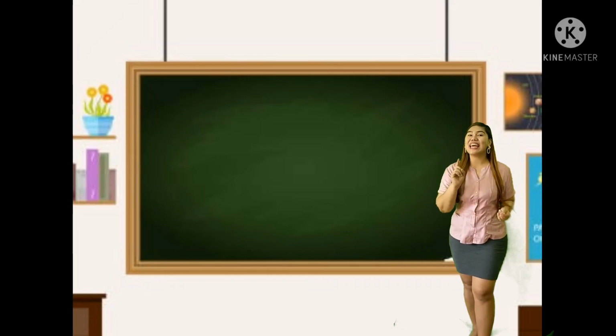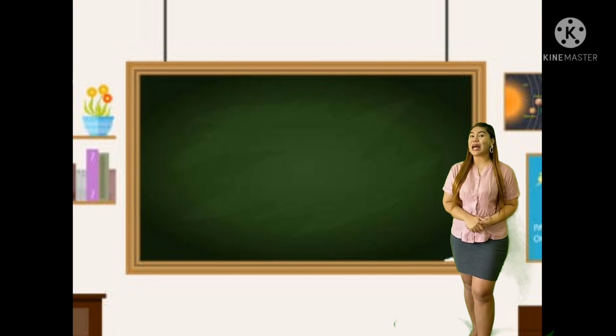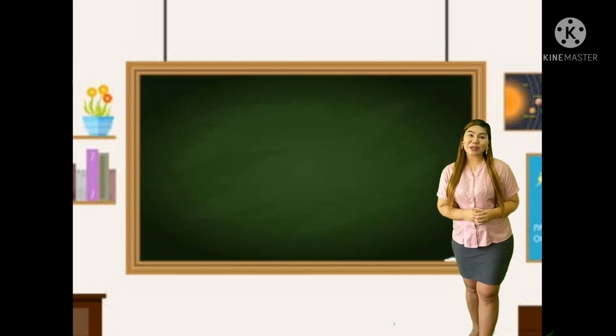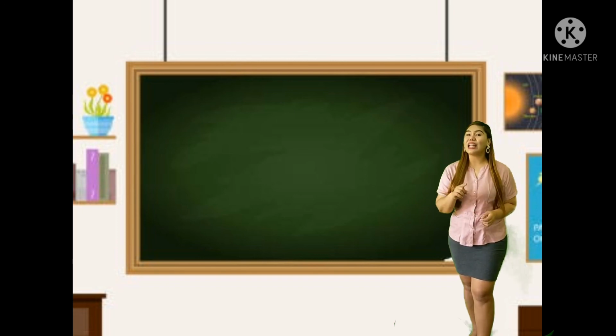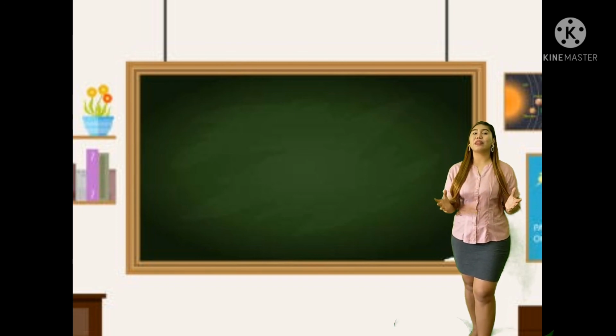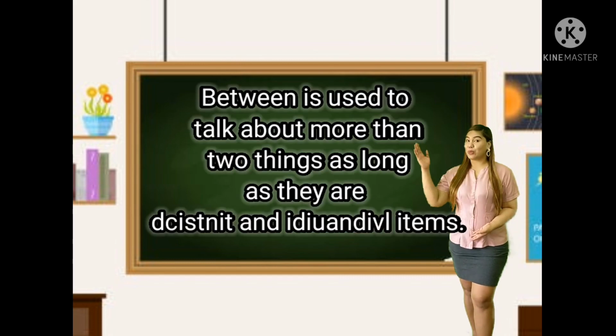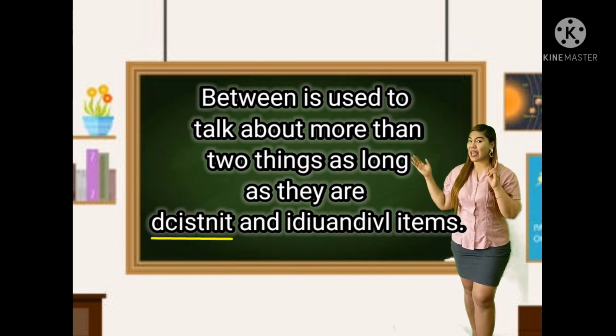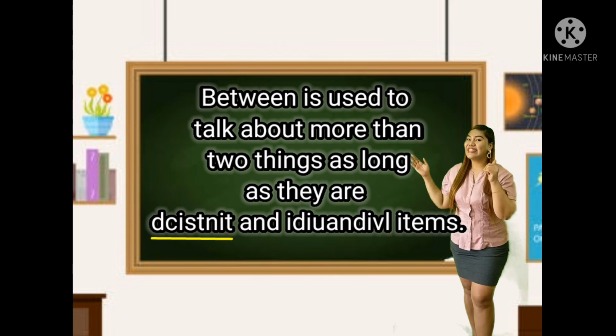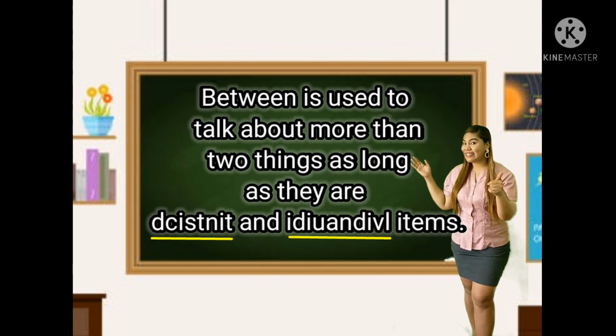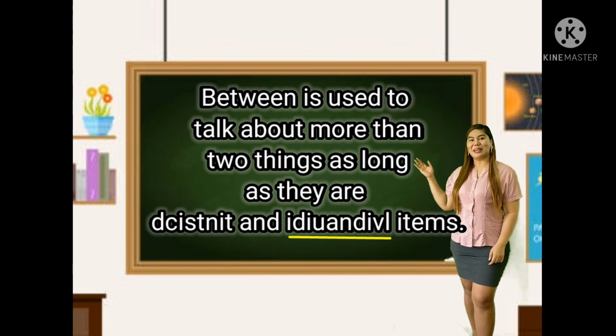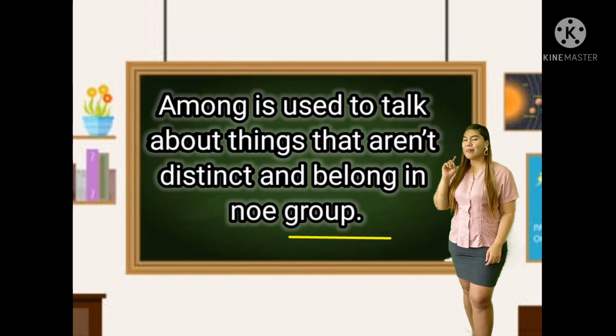This time, let's summarize the concepts and application of the lesson. Let us arrange the letters to form a word that will wrap everything up that we talked about in this lesson. Between is used to talk about more than two things as long as they are distinct and individual items. How about among?